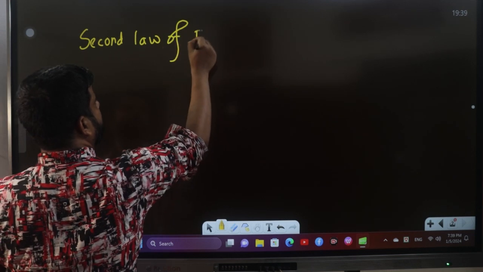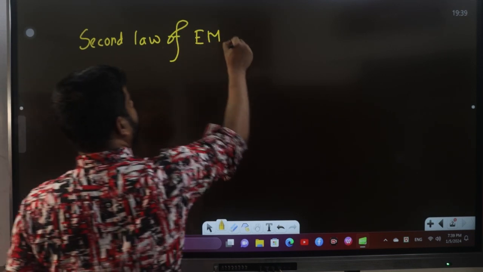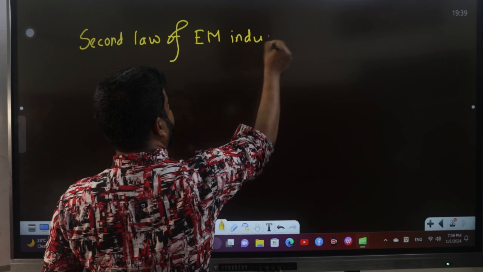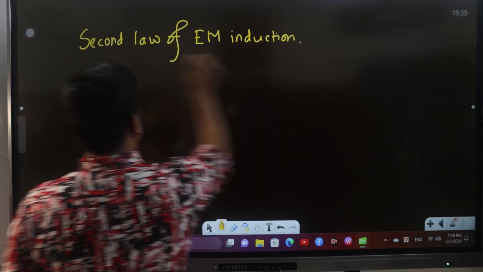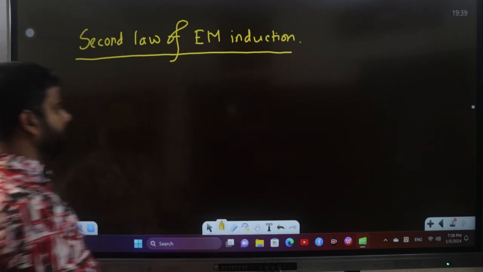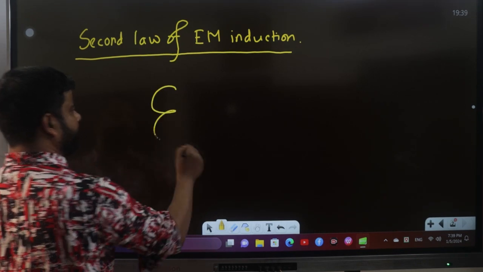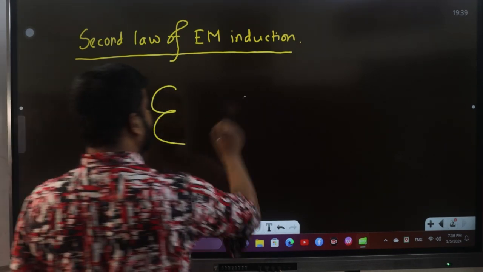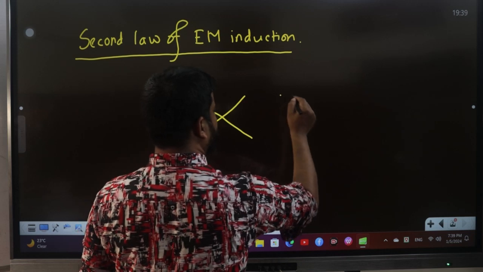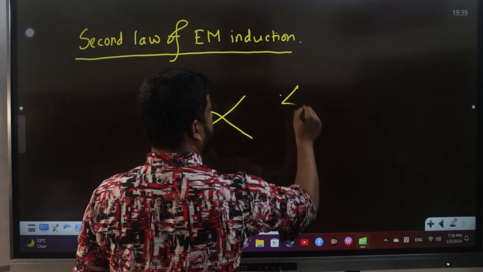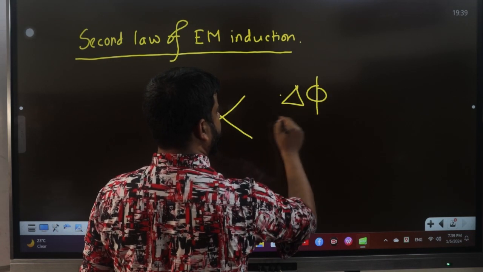Second law of electromagnetic induction: the amount of induced EMF is directly proportional to the rate of change of magnetic flux.